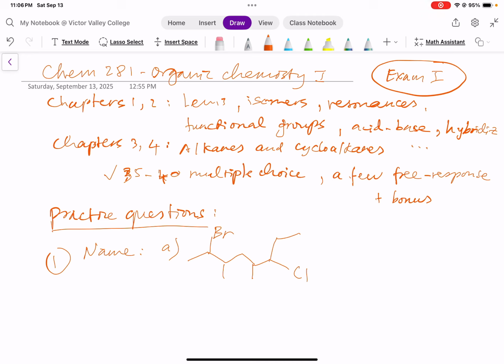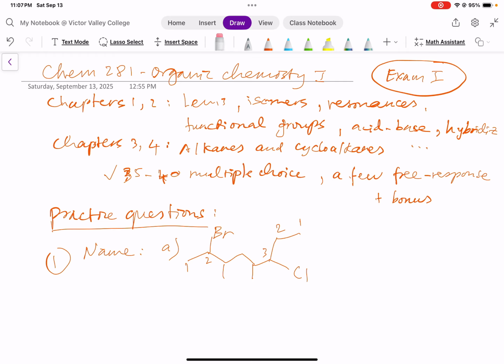If there's a tie between two sides, then you look at the second branch. If there's more branches, okay, the same distance but more branches, then you go for that side. Okay, like we're gonna go 1, 2. Okay, if we go over here, it would be 1, 2 and 3 when we hit the first branch, so that's not good.